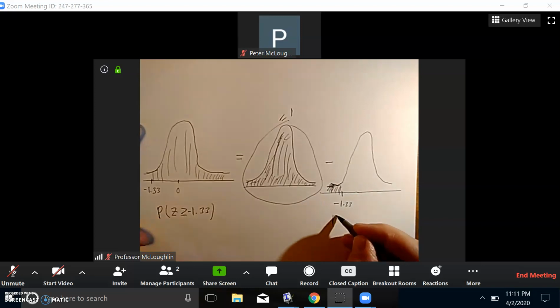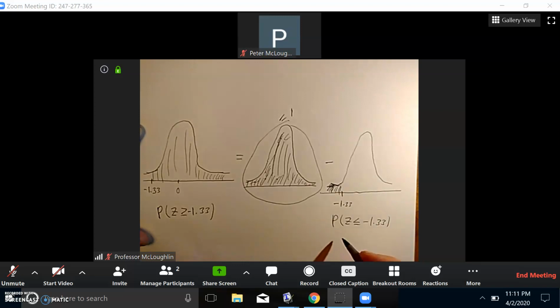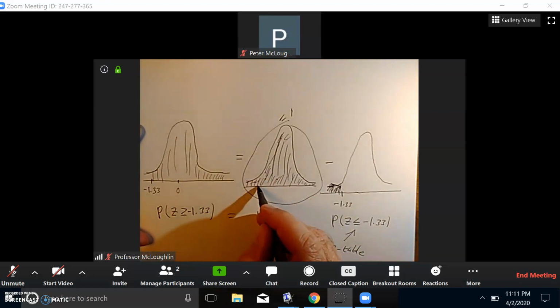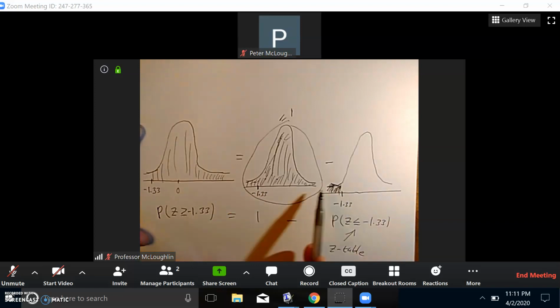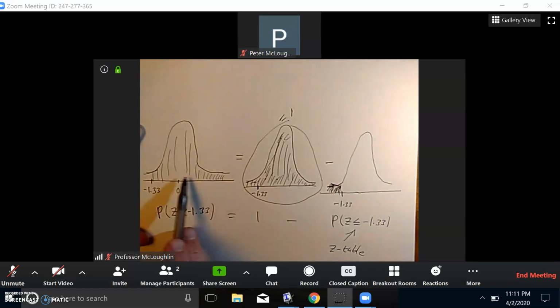That'll be the probability z less than or equal to negative 1.33, and we can get this from the z table. So that's how we got this: 1 minus that. If I took away the tail here, I will have this picture.